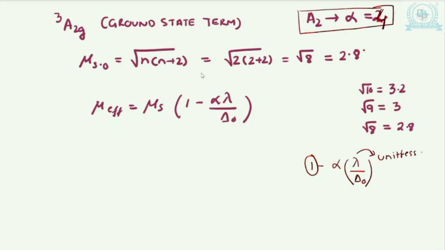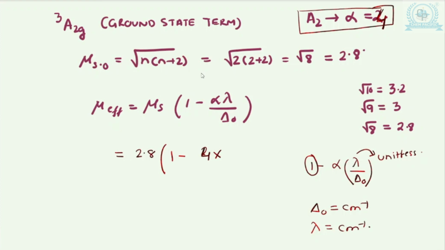ठीक है, and we always know that the delta 0 value is always given in centimeter inverse. So अगर unitless होना है तो lambda का वैल्यू भी सेंटीमीटर इनवर्स में ही दिए जाएंगे. नहीं है तो you have to convert it into centimeter inverse. I hope this is clear to all of you. Now यहाँ पे mu s का value we have already calculated is 2.8 and 1 minus, since it is A2, so alpha value is 4.